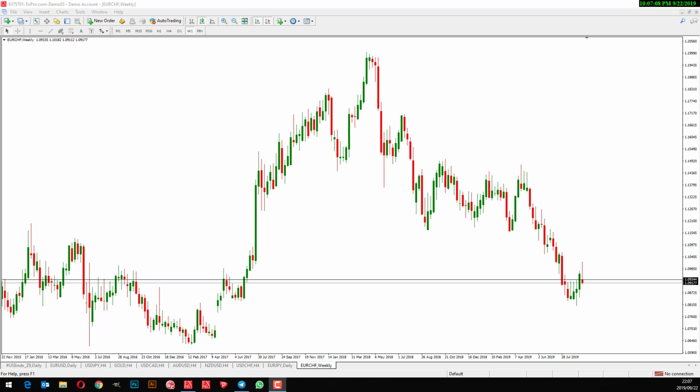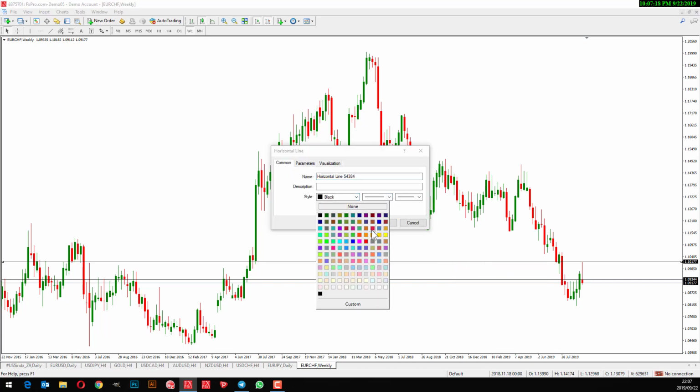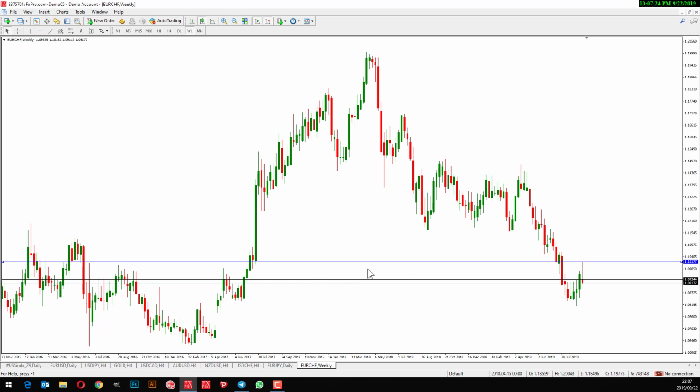So now I am going to highlight last week's high, right? And I'm going to give this a different coloring. I'm going to make it blue. I'm also going to highlight September's low. This is September's low.